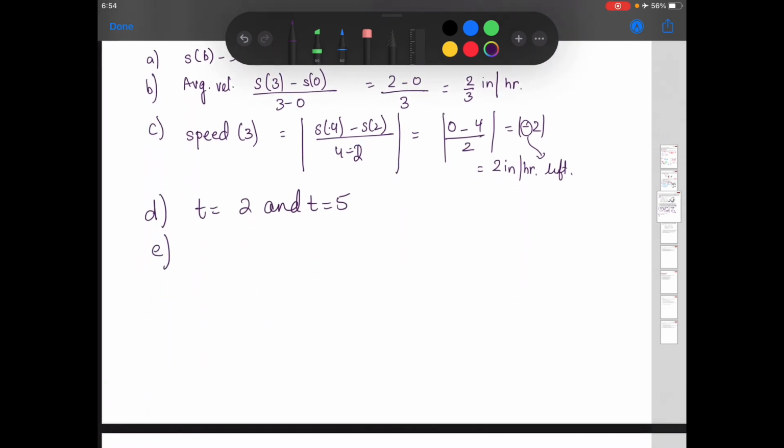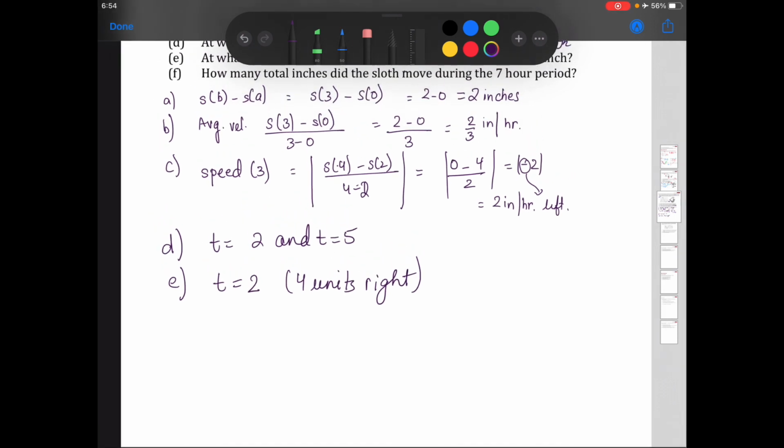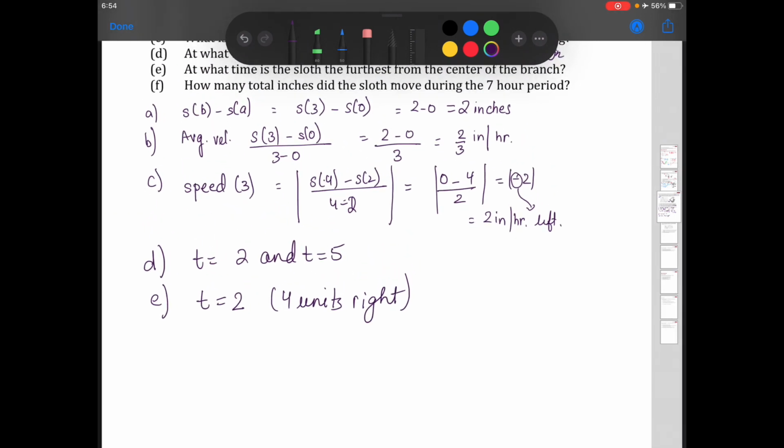So part E would be, it is furthest away from the center at t equals 2 hours, where he has moved 4 units to the right. It's not asking for the explanation, but it's good to know what we're looking at. I always like to do my justifications or my reasons first, because that's what helps me get to the answer.